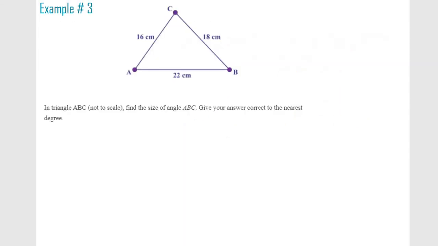Here we have another example, and we want to find the size of angle ABC. ABC is this angle. Again, I would set it up with cosine. Cosine of that angle is going to equal your 16 squared, and then the other sides are A and B. Here it's just a matter of getting that cosine by itself.